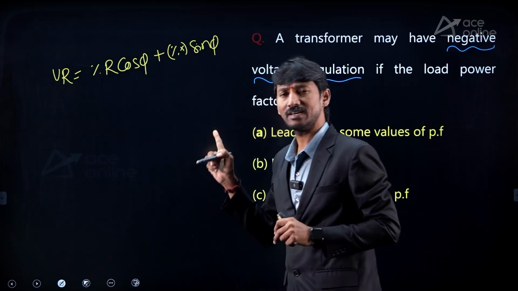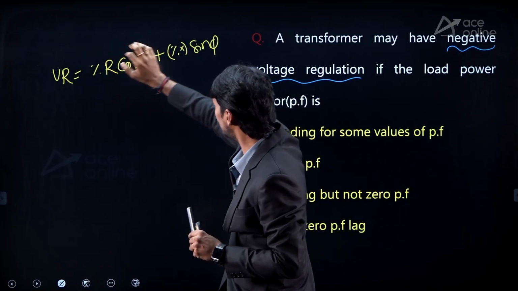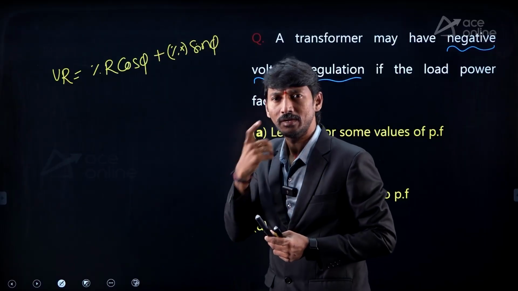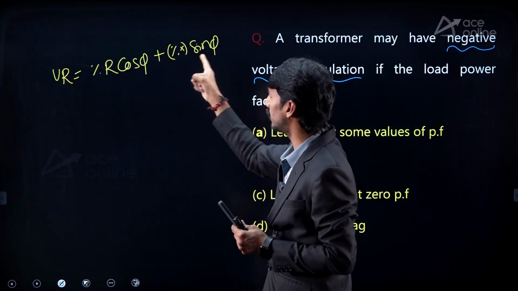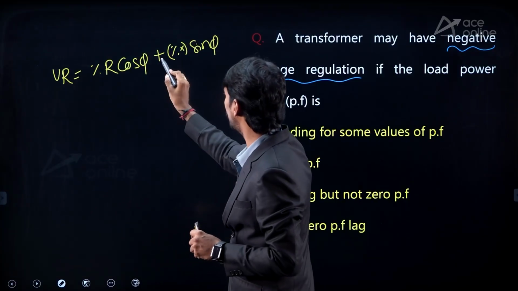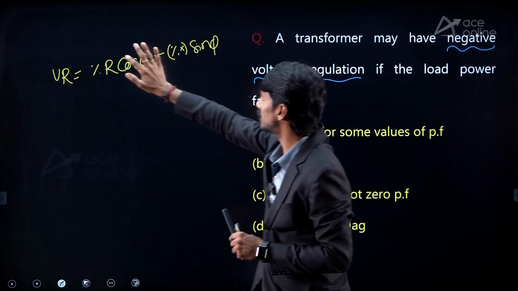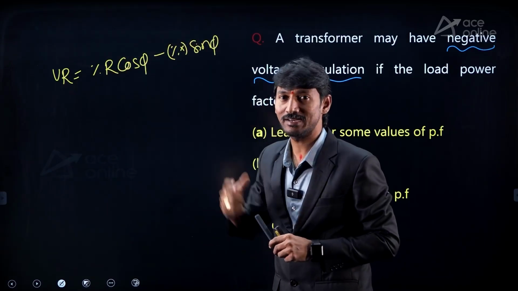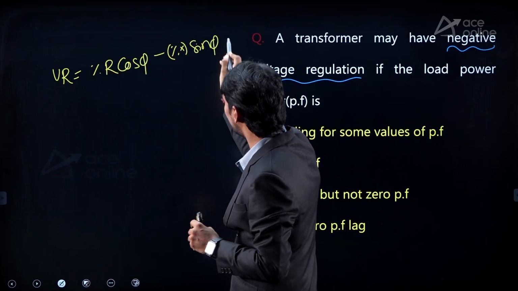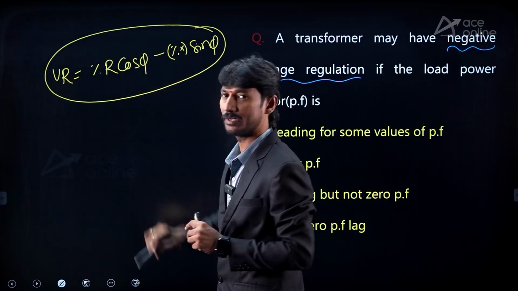Do we have any chance of getting a negative sign of voltage regulation here? No. Why? Something plus something. So there is no question of a negative value. Suppose you are having a negative symbol here, there is a chance. Why? Small minus large. There is a chance. Now the negative is there, and this entire value may be negative.